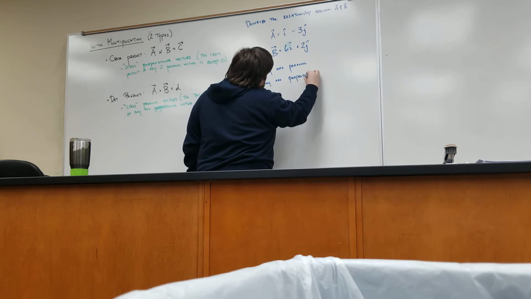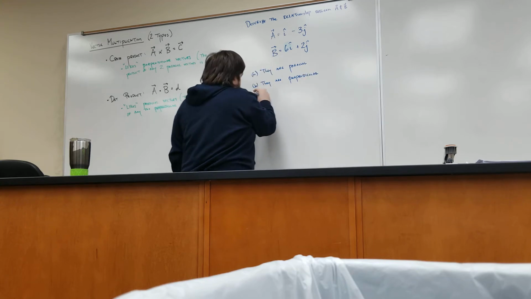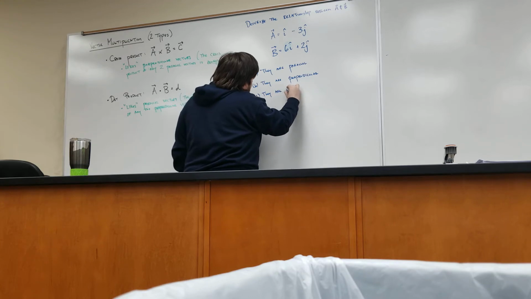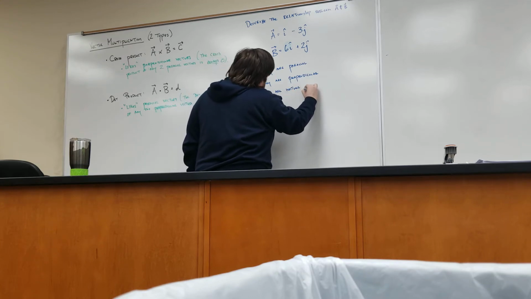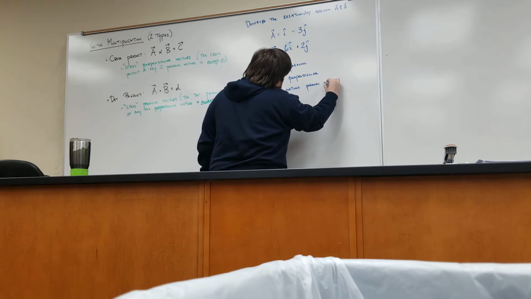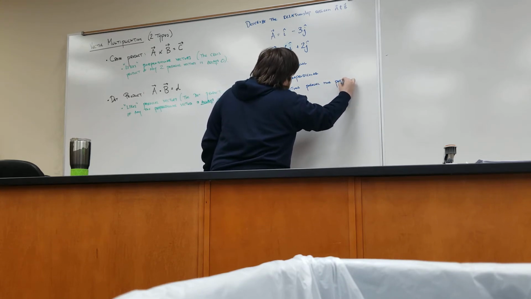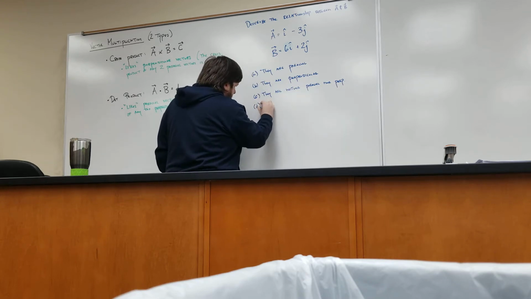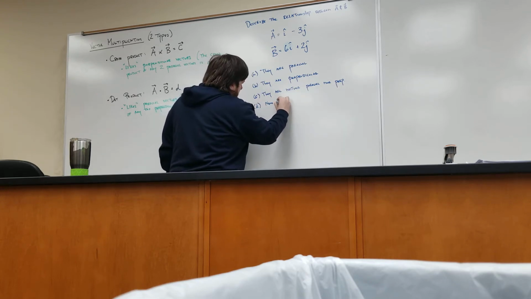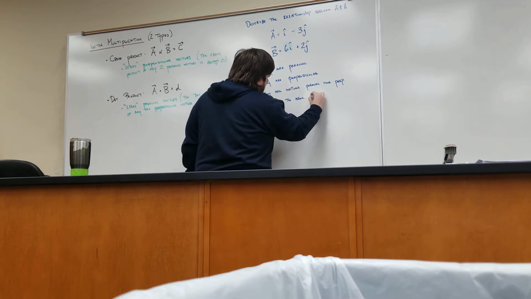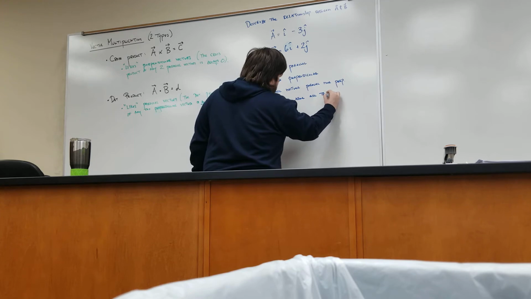C, they are neither parallel nor perpendicular. I just write it as perp because I don't want to write out the entirety of perpendicular. Or none of the above are true.